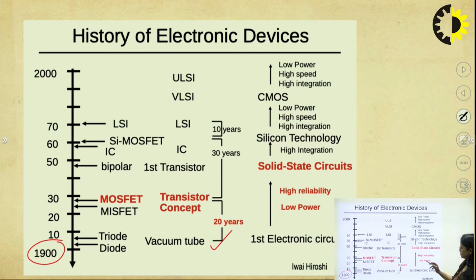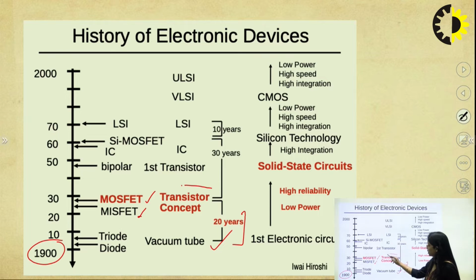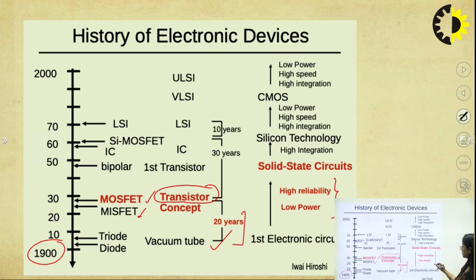To start with, down the line of 20 years, the next big thing which came into the market was the transistor. This was the first time the word transistor was coined, and it delivered high reliability and low power.